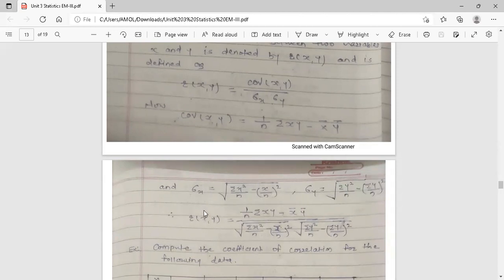After putting the values of covariance, standard deviation of x, standard deviation of y, we have this formula, r, the coefficient of correlation, is equal to covariance of xy upon sigma x, sigma y. Here you put all the values, covariance of xy, sigma x, sigma y, and then you will get this formula.